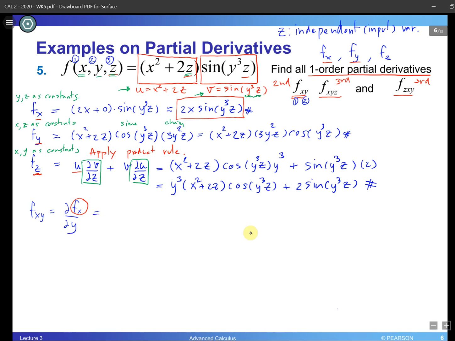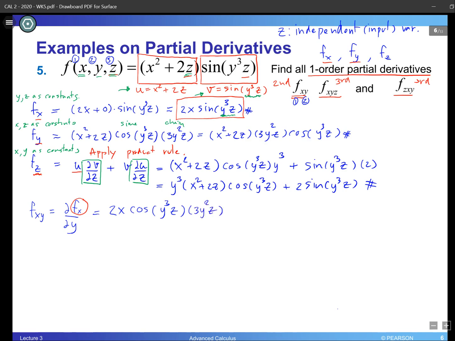And looking at this, I only see y right here inside this function of sine. So let's diff this. Now 2x stays the same, and then I need to diff sine function to get cosine, and I keep the inside the same, y cubed z. Alright, and then I need to perform chain rule inside, so I need to diff that with respect to y, and then I get 3y squared z.